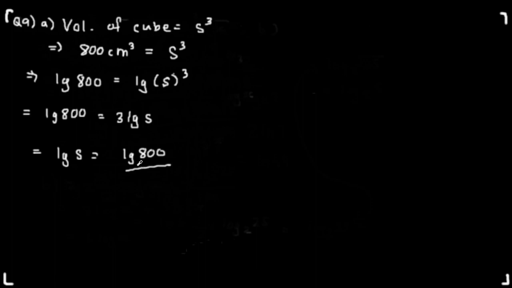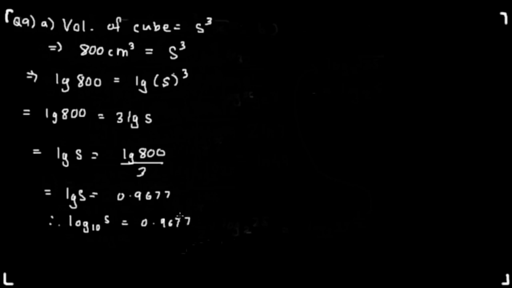Now you can use a calculator for this. From here you would get lg s is equal to 0.9677. Now this is just log base 10 of s, right? I write log 10 s because I'm going to show you something.